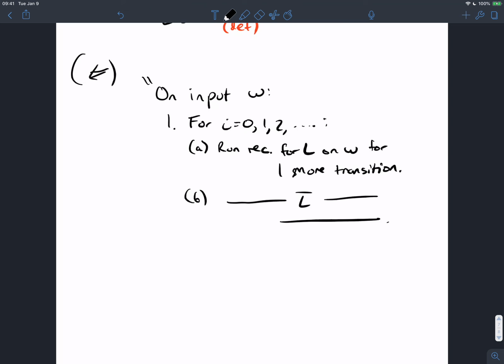So this is our parallel idea. Just run the recognizer for L for one more step, run the recognizer for L bar for another step also.